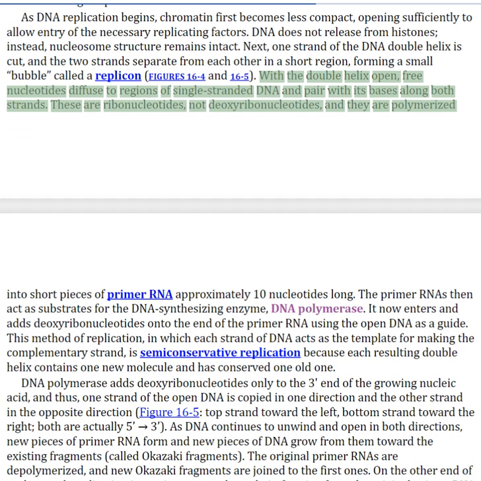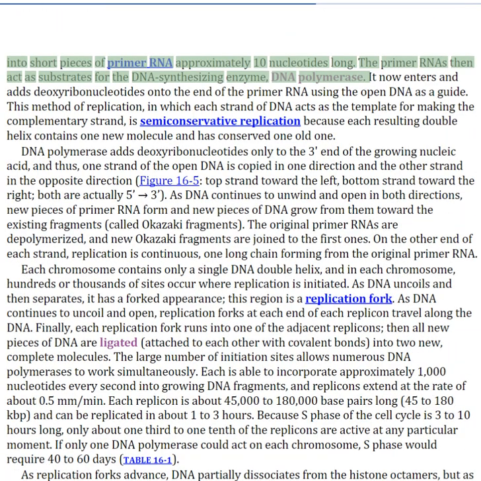With the double helix open, free nucleotides diffuse to regions of single-stranded DNA and pair with its bases along both strands. These are ribonucleotides, not deoxyribonucleotides, and they are polymerized into short pieces of primer RNA approximately 10 nucleotides long. The primer RNAs then act as substrates for the DNA synthesizing enzyme, DNA polymerase.